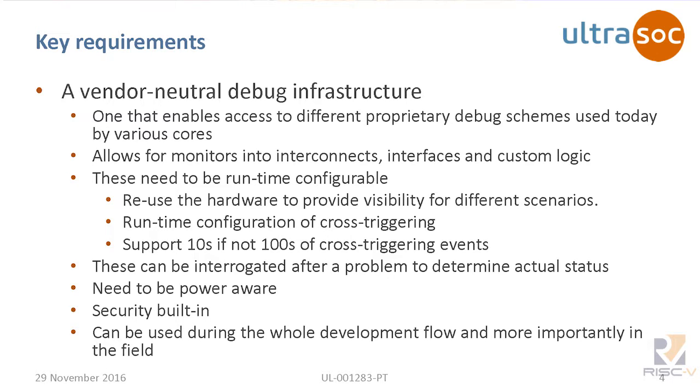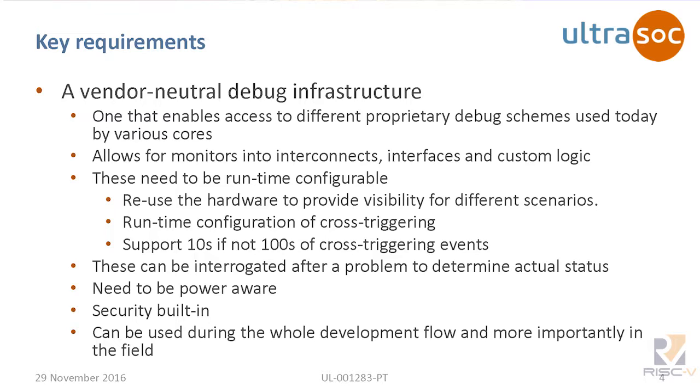I would claim that what we need is a vendor-neutral debugging structure. Now, what I mean by that is that it's not tied to a particular processor core, not tied to a particular graphics engine. One that allows not just run control and visibility of what's going on in the processor, it also allows visibility of what's happening on the interconnect, on some custom logic.